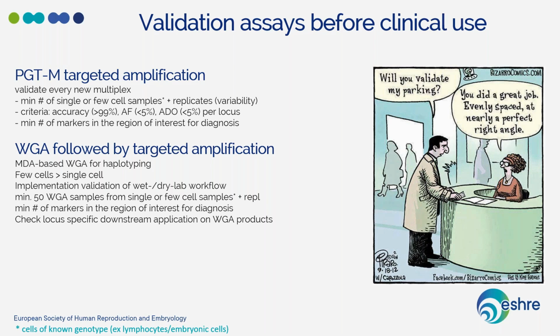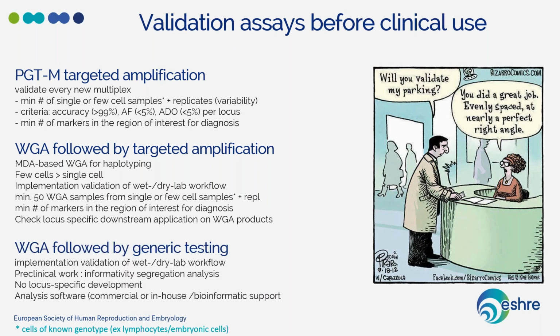A first implementation has to be done for WGA, and the locus-specific downstream application only needs to be checked on WGA products. Finally, a global validation is needed for WGA followed by generic testing. There is no locus-specific development, but informativity testing still has to be done, and bioinformatics analysis is crucial.